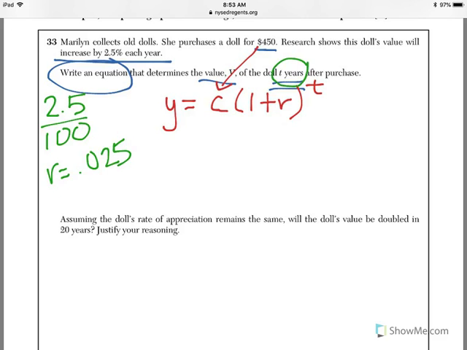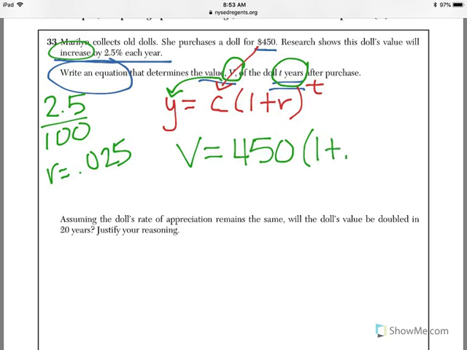They didn't tell us how many years, so they want us to use t for time. And instead of y, they want us to use V for the value of the doll. And I know that this is increasing because it tells me, so that's why it has to be the addition. So my actual equation has to be V equals 450 in parentheses 1 plus 0.025 to the power of t.